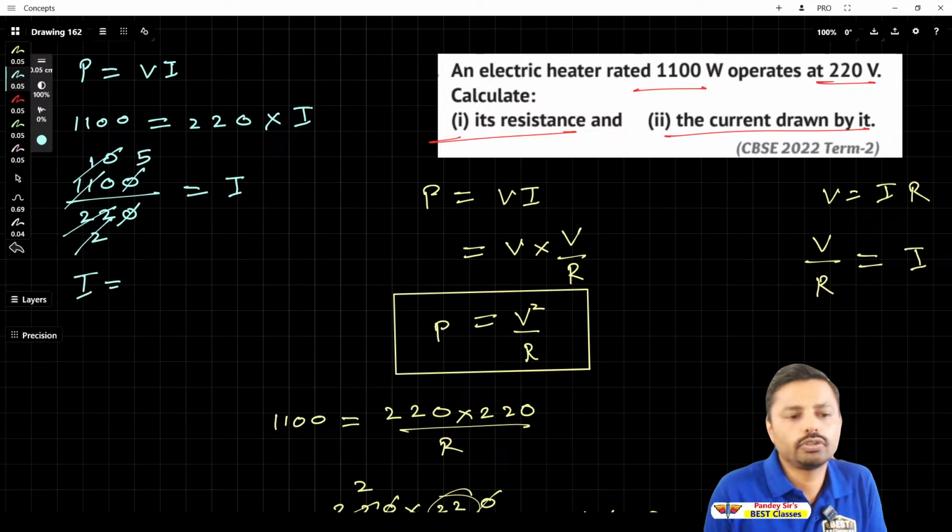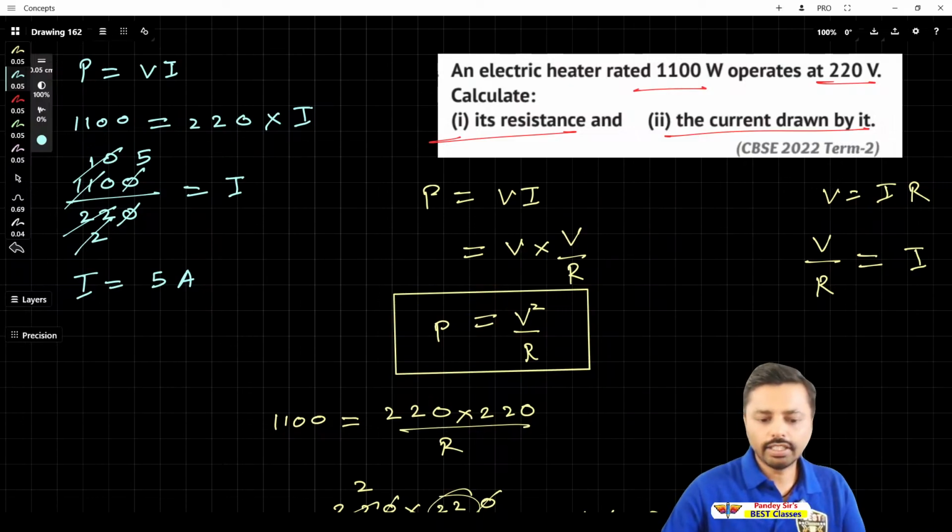So I equal to 5 ampere. That's it. It's as easy as that. This is how to do this kind of question.